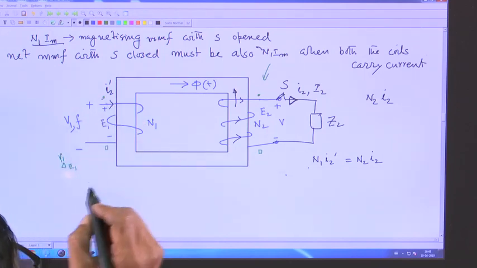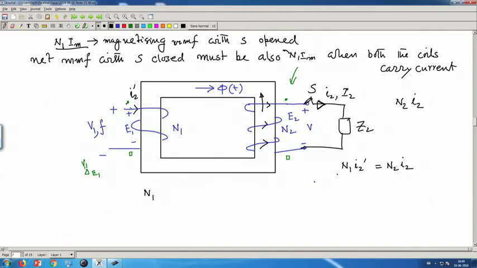So, what is the primary MMF? N1 into that original magnetizing current plus I2 dashed. This will be the total MMF, that is equal to N1 Im which acts to create flux in this direction, plus N1 I2 dashed.